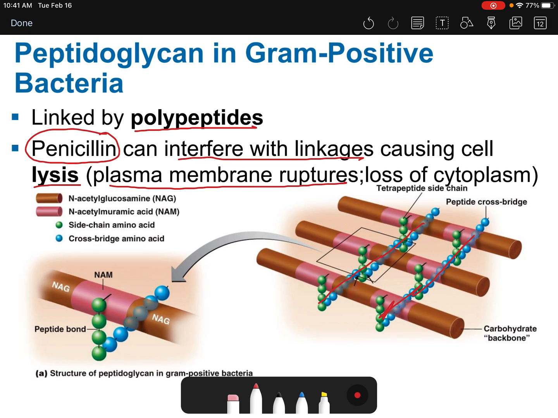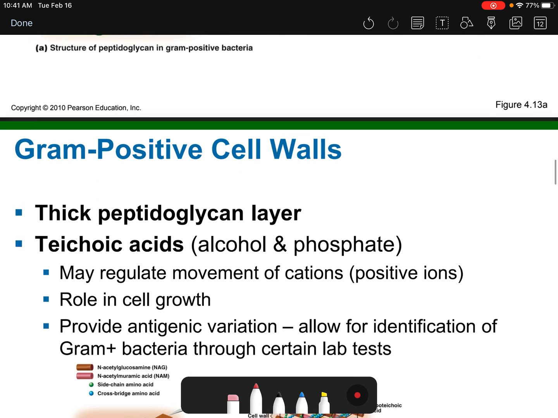Well, if it ruptures, it's going to lose all the liquid that's inside, all that cytoplasm, along with any kind of food and materials and nutrients and so on that we need in there, and specifically water, and that's going to cause death of that bacteria. So that's one of the ways that antibiotics work, is it interferes with the cell wall linkages there, those polypeptide linkages.